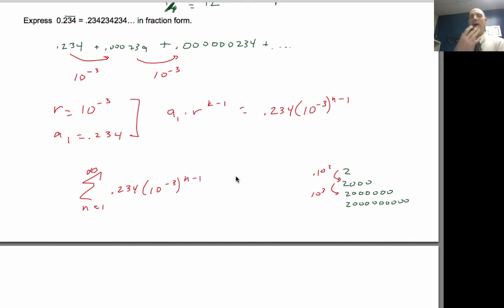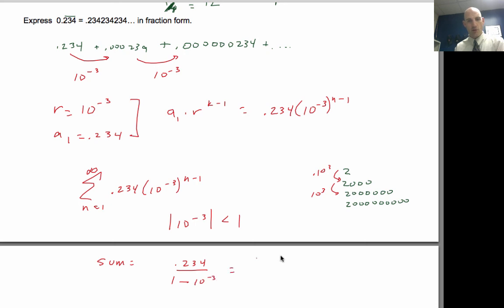Well, check it out. I see that 10 to the negative third is less than 1. And so my sum is equal to 0.234 over 1 minus 10 to the negative third.